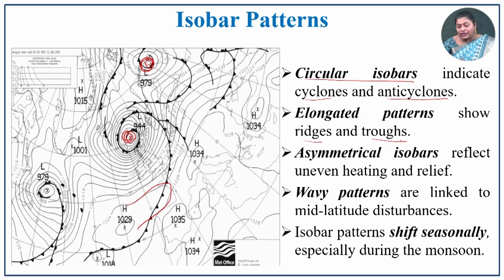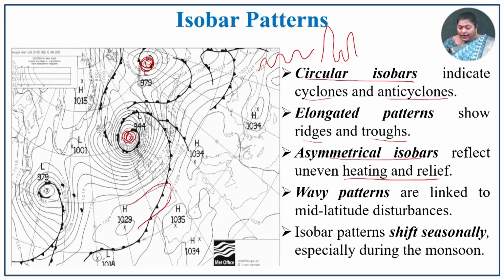The asymmetrical isobar represents the uneven heating and relief. If it is symmetrical, there will be a uniform wavy pattern. If it is asymmetrical, there will be ups and downs.